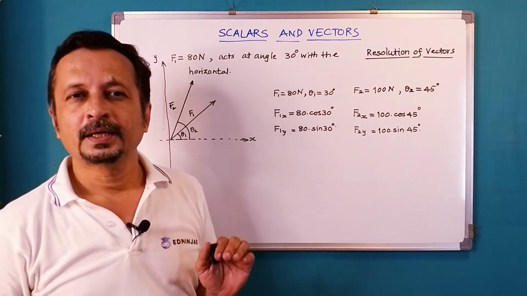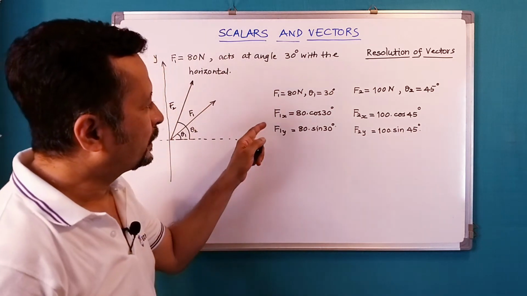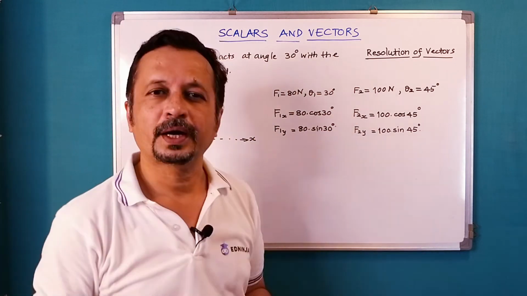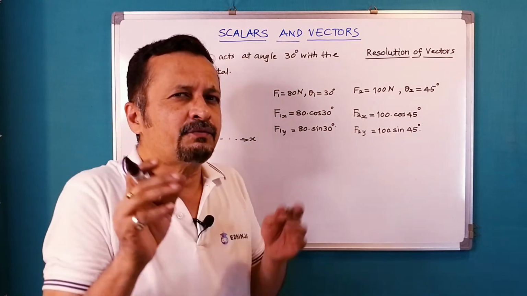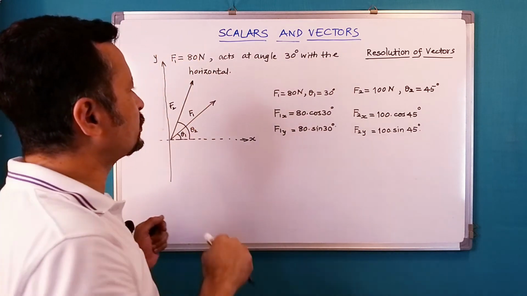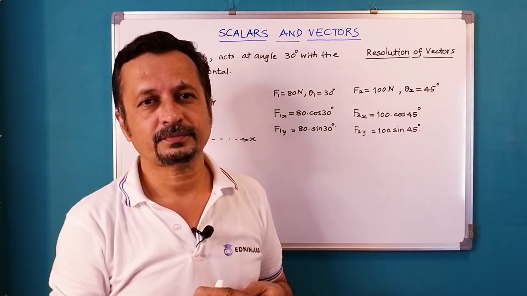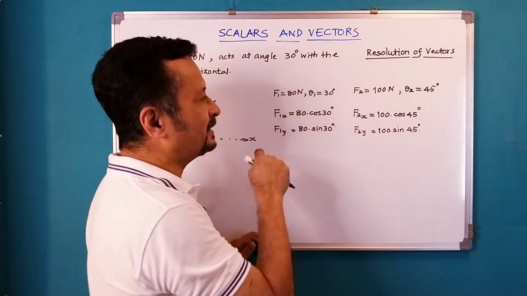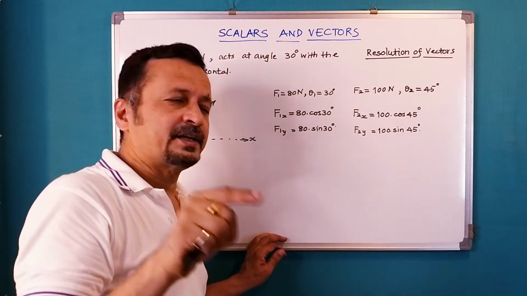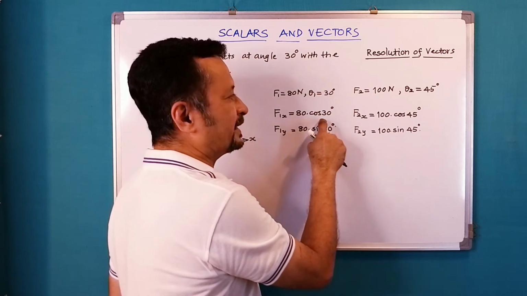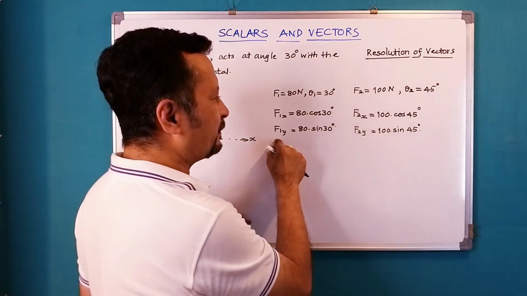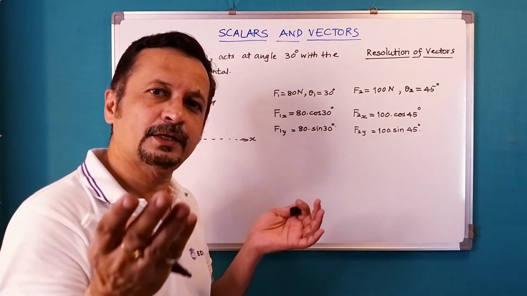Now F1x, F1y, F2x and F2y. You know what? I want to find the resultant of F1 and F2. So over here I see that along the x direction F1x is acting and F2x is also acting along the x direction. Similarly, F1y and F2y are acting along the y direction.